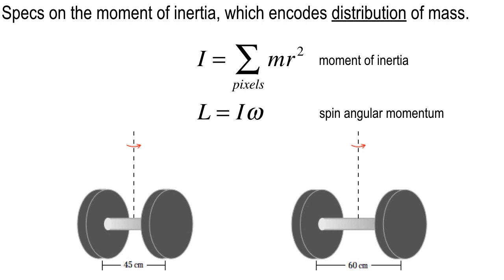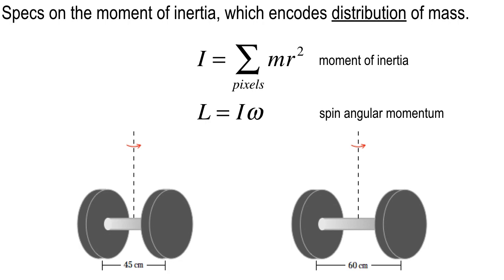For the motorcyclist on a motorcycle, a lot of pixels, and you've got to do it right. Barbell, not so difficult. You measure the distance from the axis. If this is your spin axis, every pixel of iron on the left matches a pixel of iron on the right, so it's fairly easy.